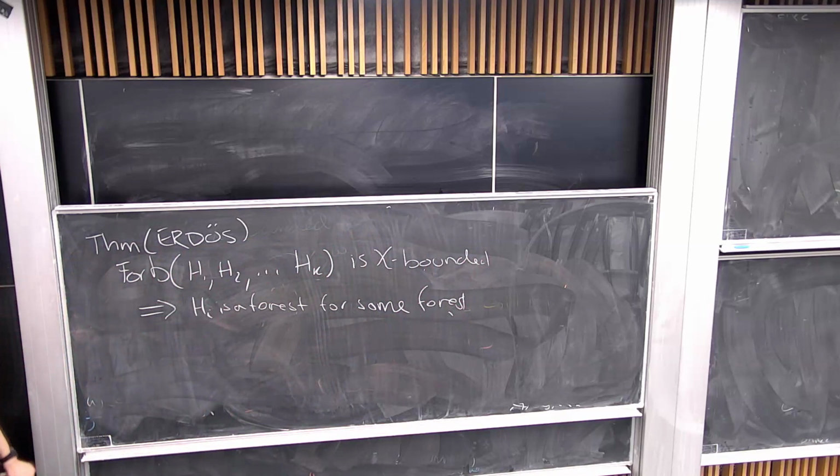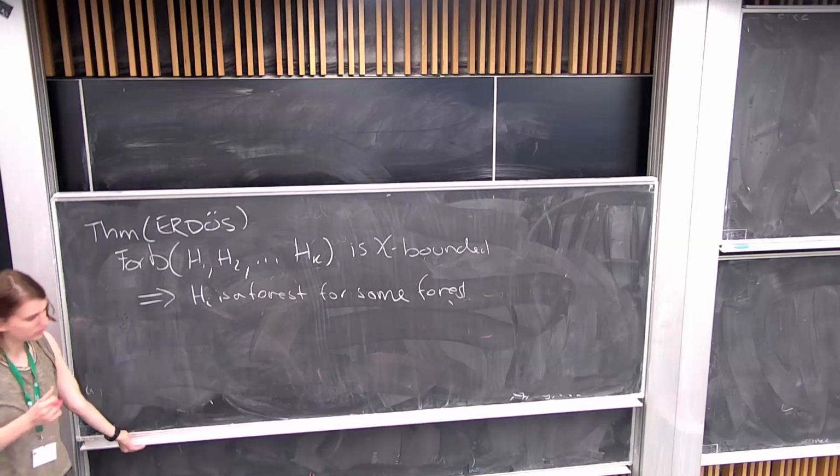And kind of motivated by this, and also by the perfect graph theorem, where we're forbidding all odd cycles of length at least 5 and their complements, Gyárfás made a couple of conjectures about what happens when you forbid odd cycles.